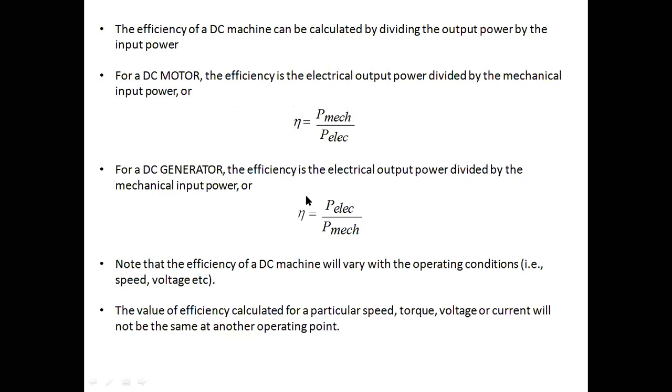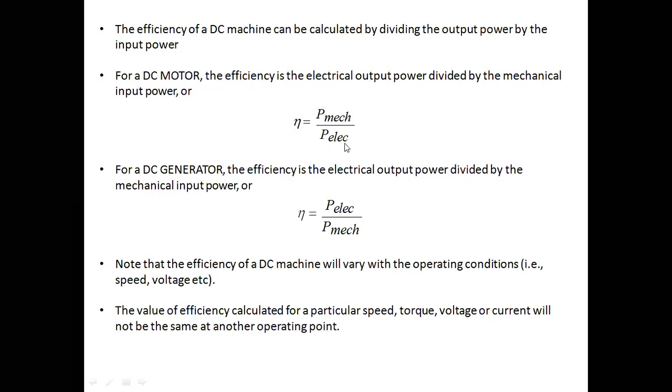Your equation for efficiency for the DC generator will be the ratio of electrical output power with mechanical power, because in DC generator output क्या है तुम्हारा? Electrical. So we are saying electrical power with respect to mechanical, but in DC motor the output power is mechanical and the input is electrical.